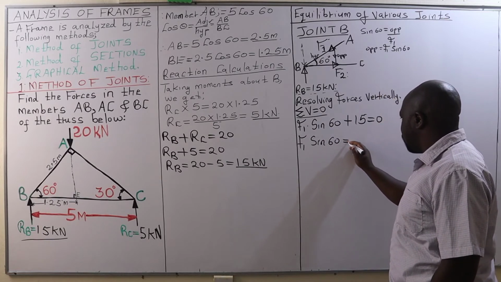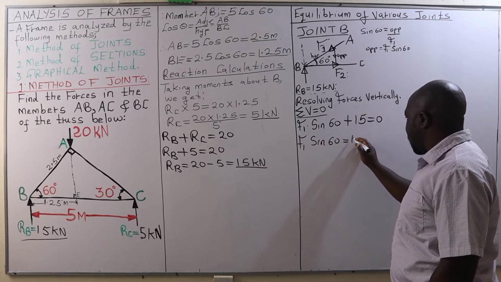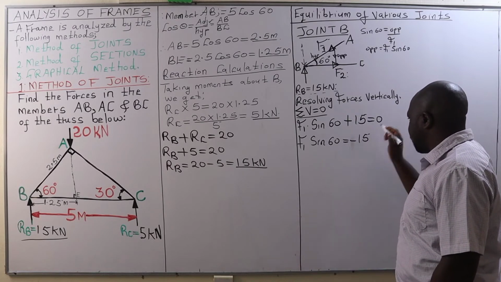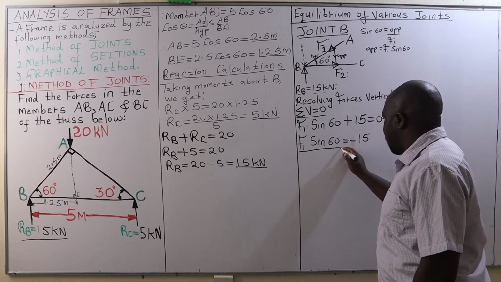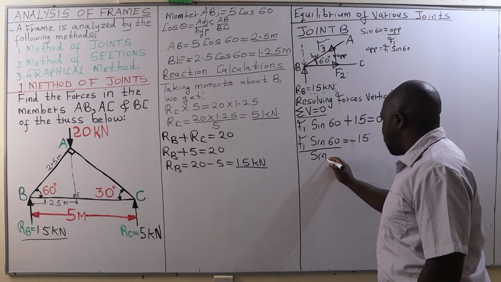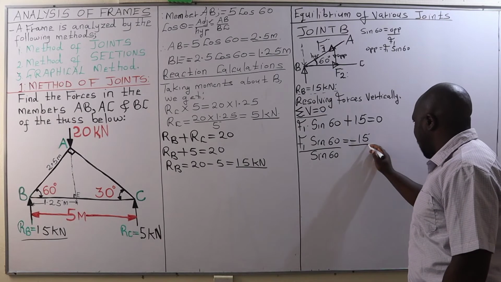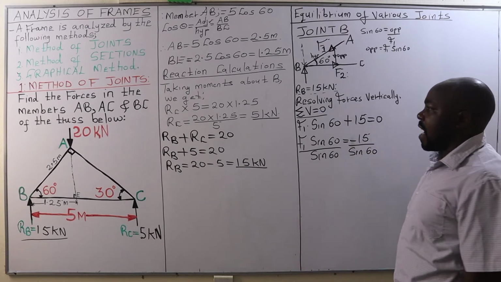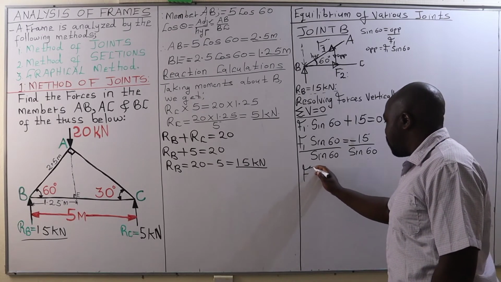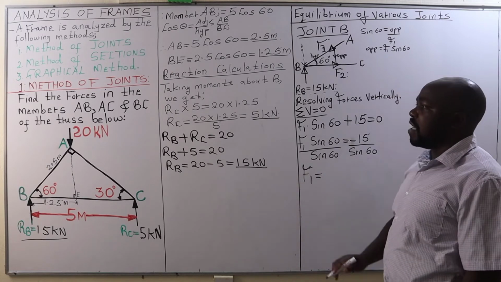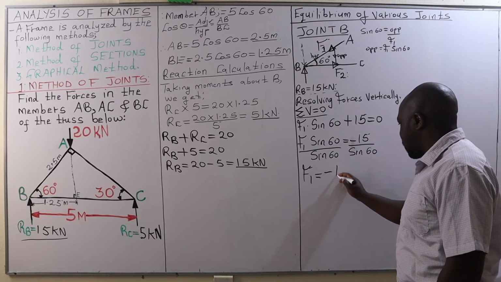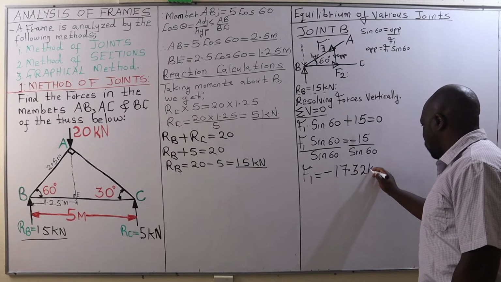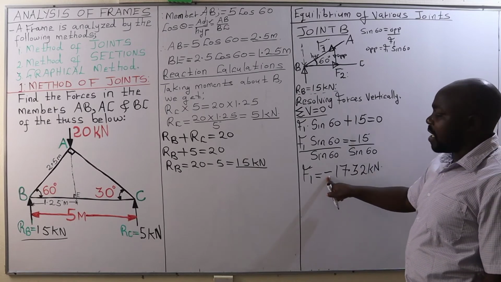Therefore, we are going to have F1 sine 60 equal to, bringing 15 to this side of the equal sign, negative 15. To get the value of F1, we divide through by sine 60, and therefore the value of F1 is negative 17.32 kilonewtons. Now, what does this negative mean?